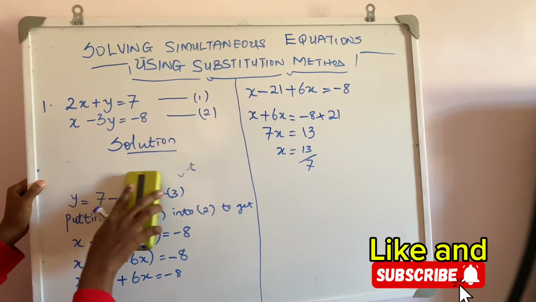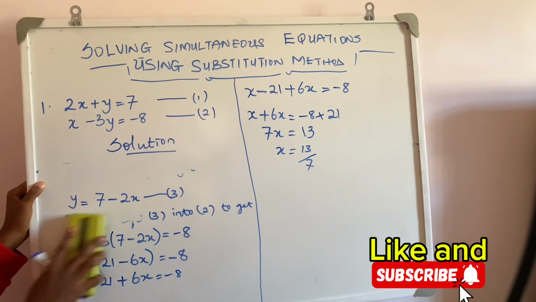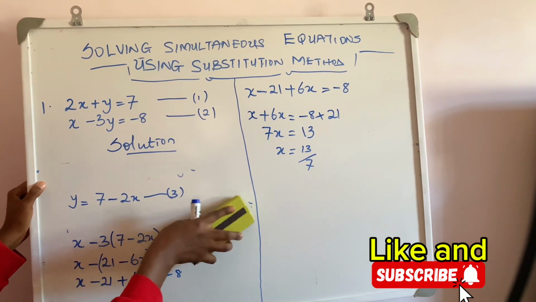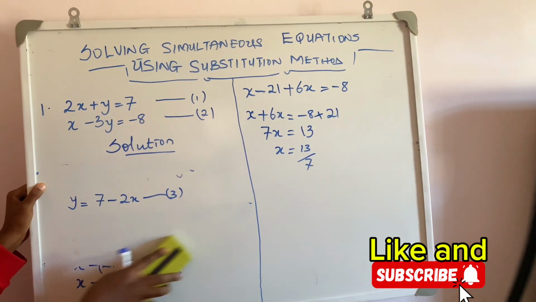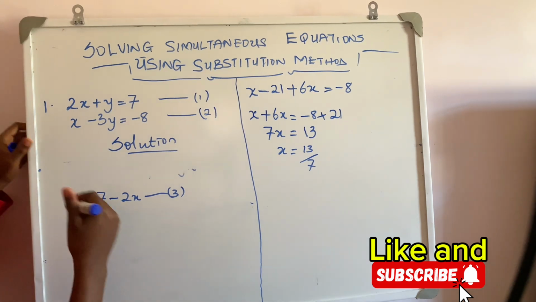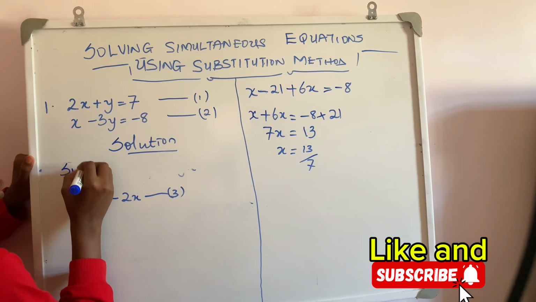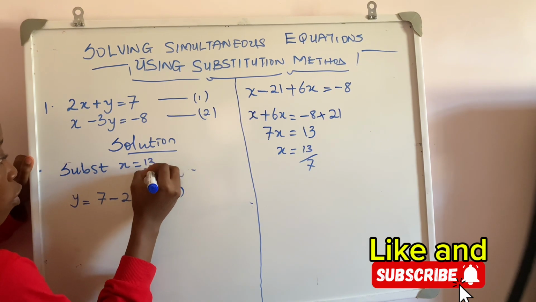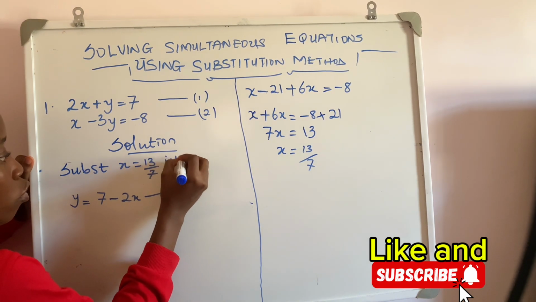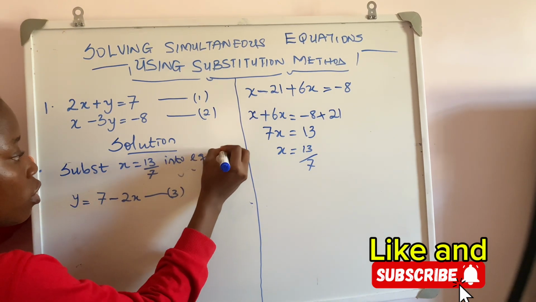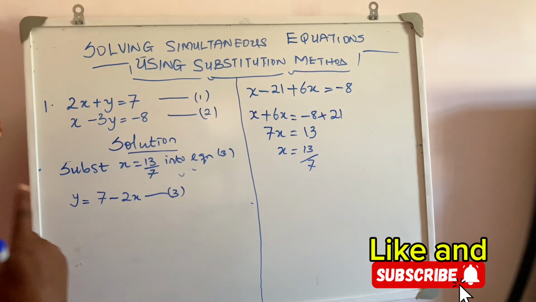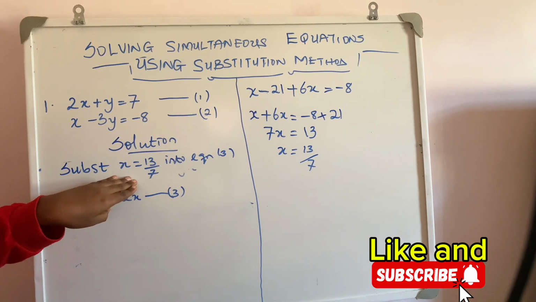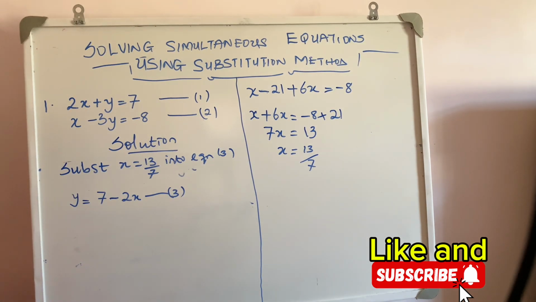Now, since our x is equal to 13 over 7, we'll just come here and clean it. We're going to leave that equation 3 because we want to make use of it. So to get y, you say substitute x equal to 13 over 7 into equation 3. If you substitute, anywhere you see x now, you put 13 over 7.